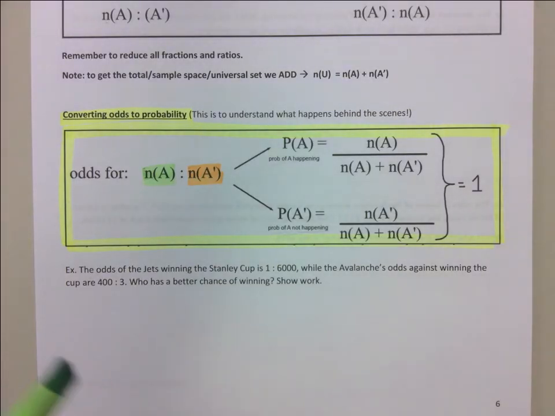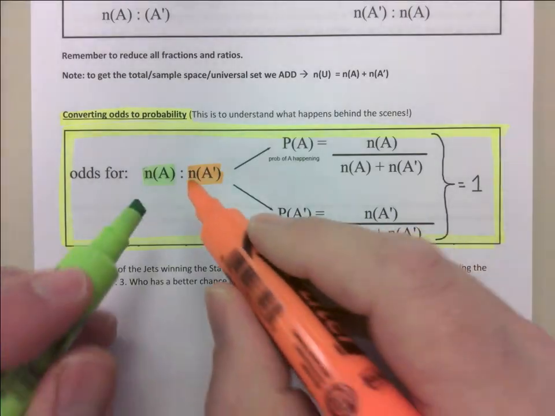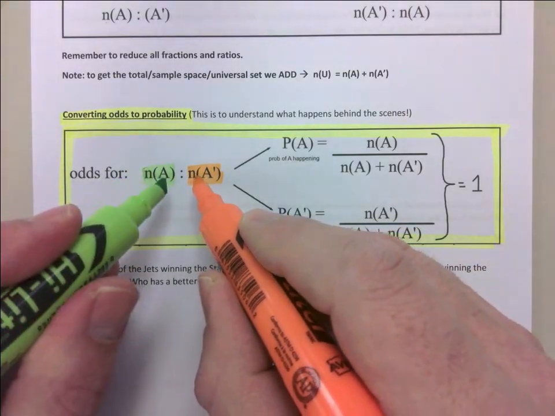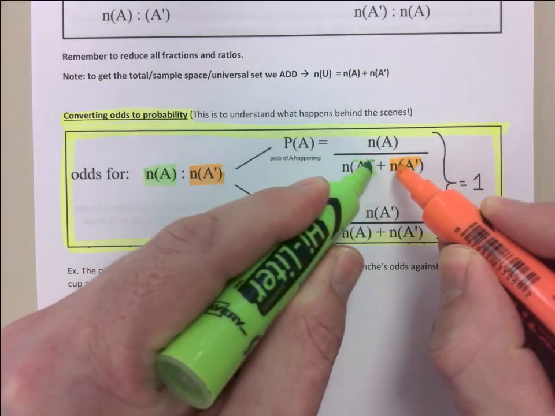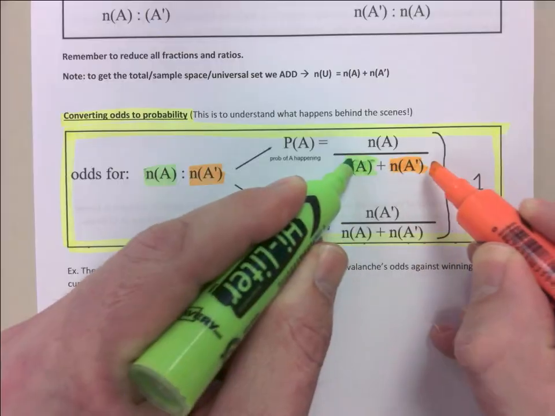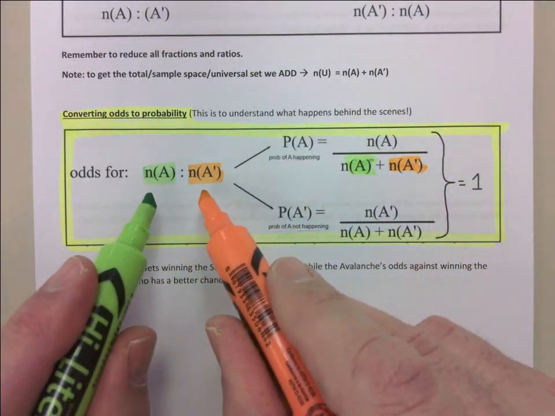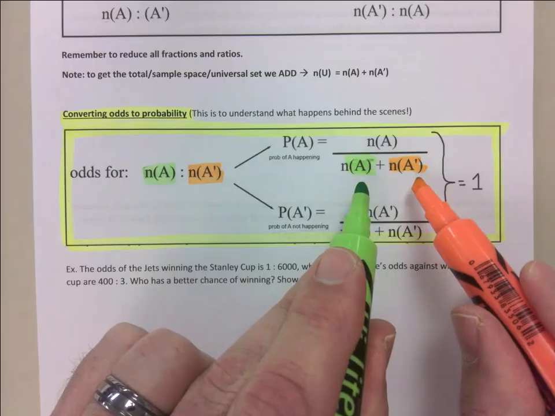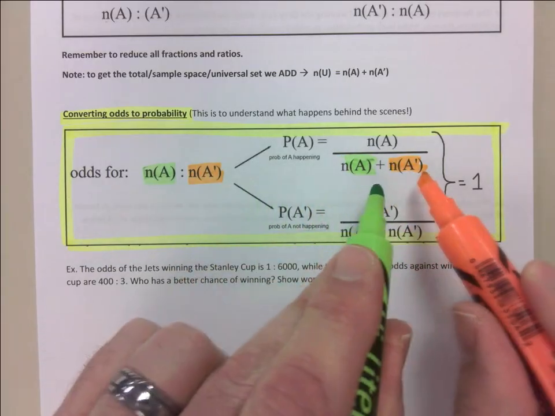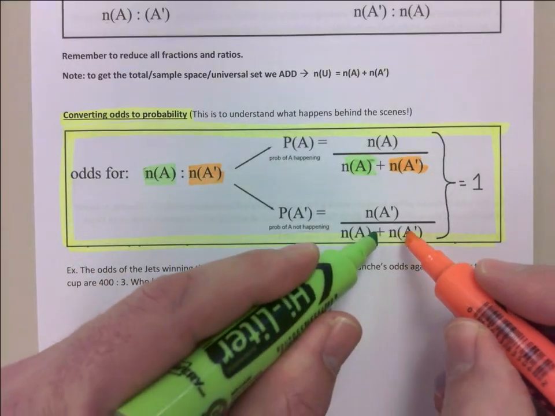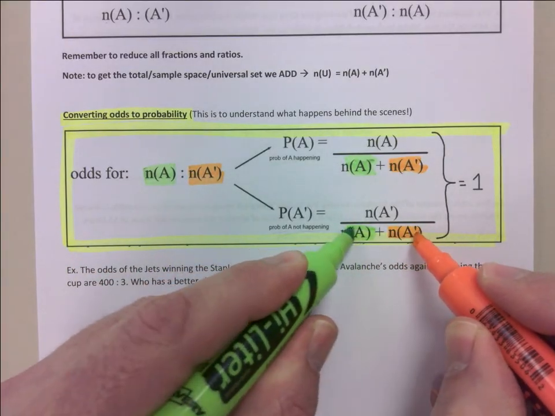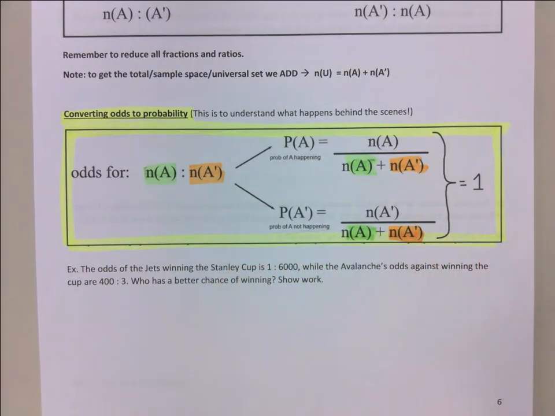What do I do with both of these numbers when I turn it into probability? What do you see down here? This is hard, guys. And so that would be probability in favor, probability against. Guess what you do again?